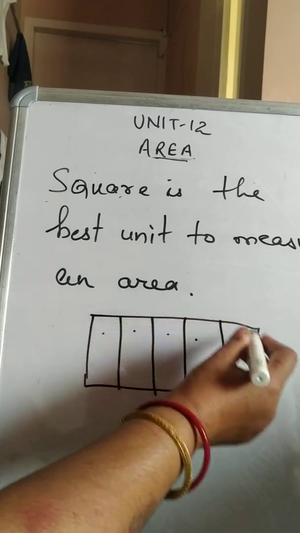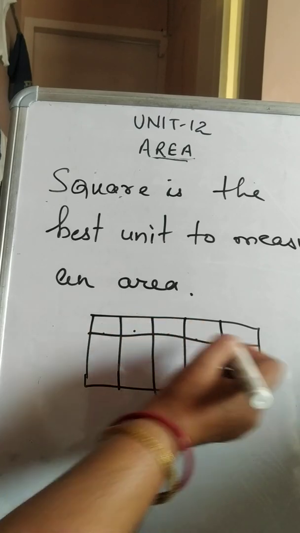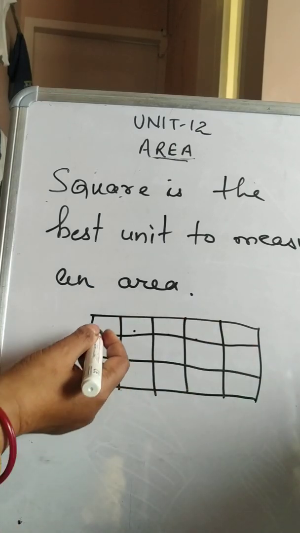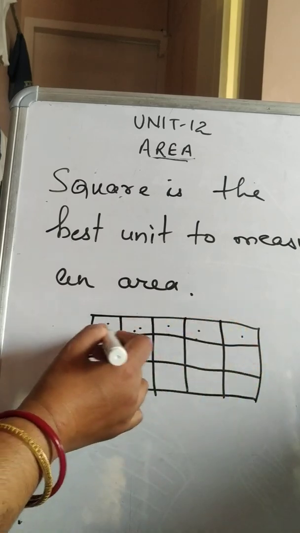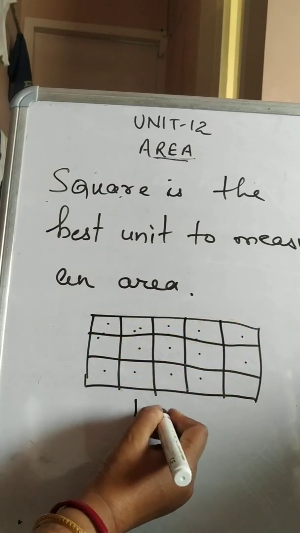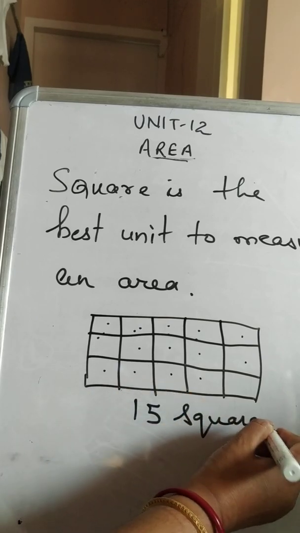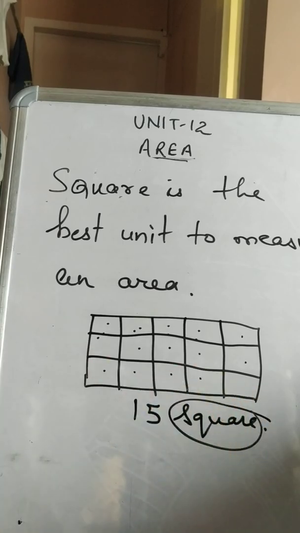We divide this rectangle into 5 equal columns. Each column has 2 squares. So what is the measure here? How many squares? 1, 2, 3, 4, 5, 6, 7, 8, 9, 10, 11, 12, 13, 14, 15. So this measures 15 squares. So here square is the best unit to measure an area.